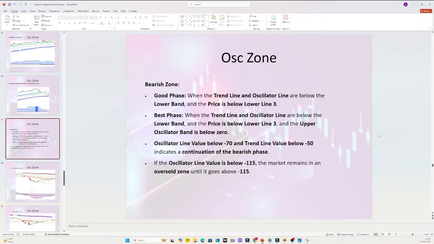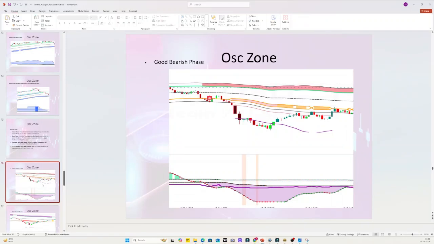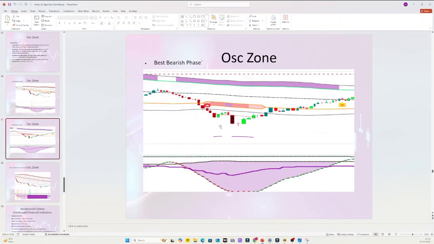If it keeps below that, then we can say the market is in an oversold position, but its continuation will also help you continue your trade in the short direction.